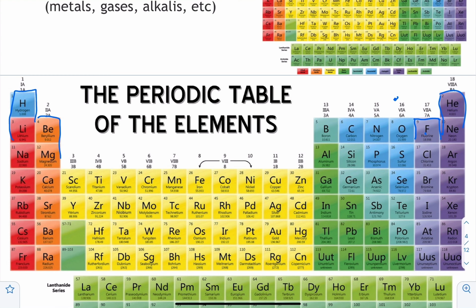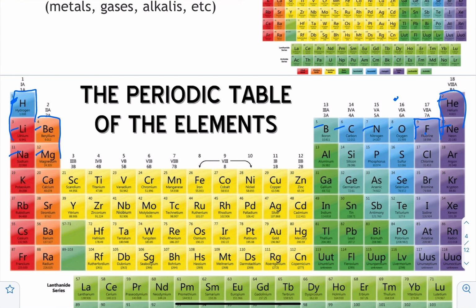And then going across, you'll see that they are numbered 1, 2, 3, 4, 5, 6, 7, 8, 9, 10, 11, 12, and so forth. They are numbered across in order of atomic number or proton number.